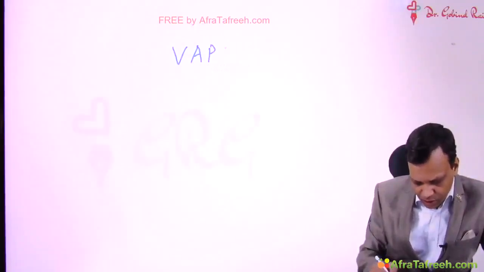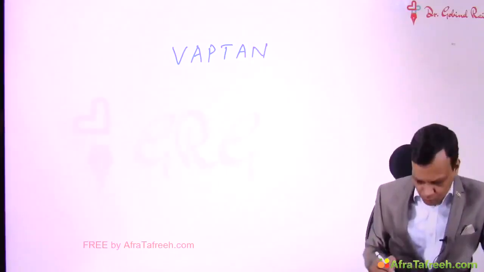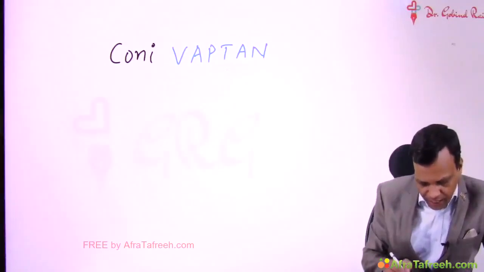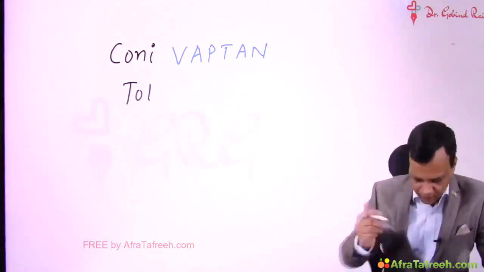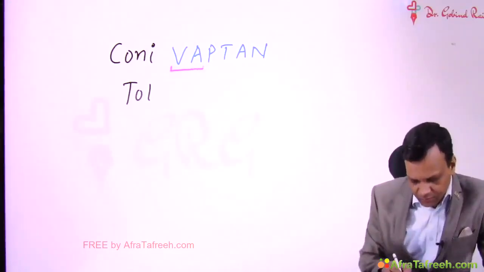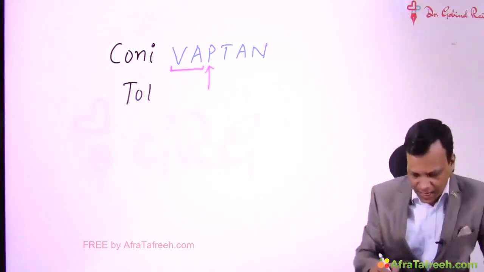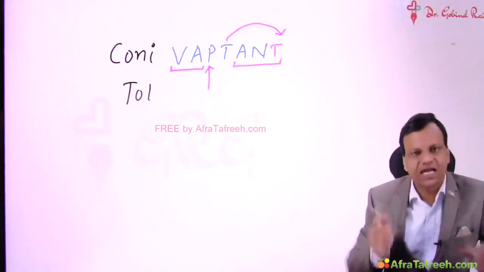The drugs which block the vasopressin receptors are called vaptans. Two important drugs in this group are conivaptan and tolvaptan. From the name itself you can remember: VA means vaso, P means pressin, vasopressin, and if we put the T here, it will become ANT, meaning antagonist.